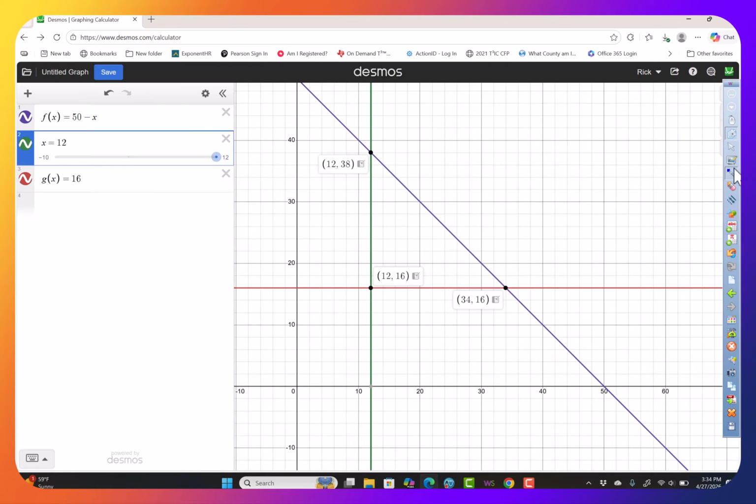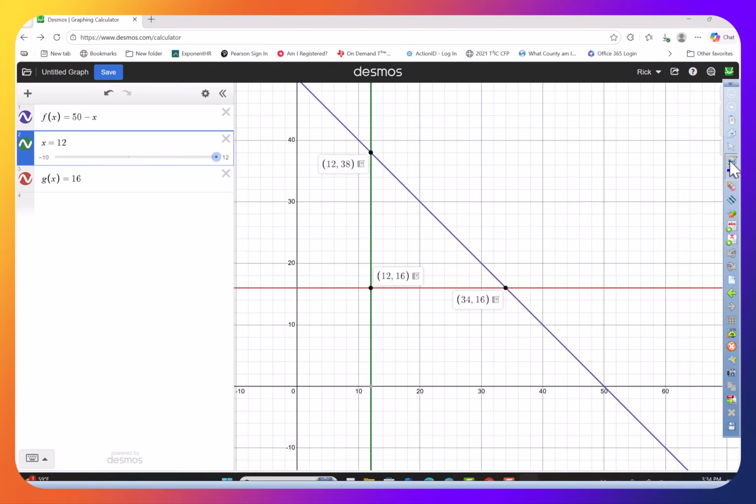And then the shading should be greater than or equal to 12, greater than or equal to 16, and then less than or equal to the horizontal line. And that concludes this video.